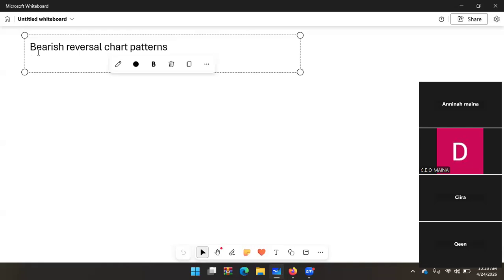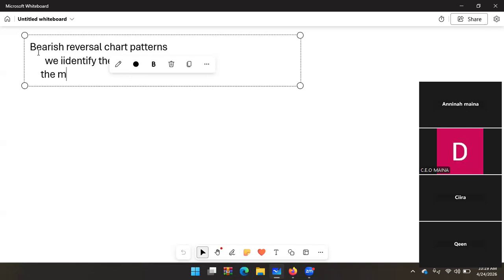One thing you need to know is that these reversals, we identify them on a bullish market. Then after identification, the market changes to become bearish.